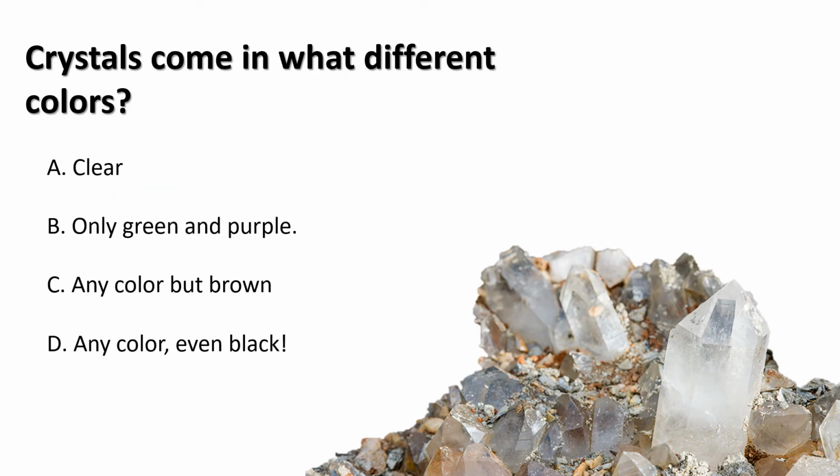Number 3, crystals come in what different colors? A, clear. B, only green and purple. C, any color but brown. Or D, any color at all, even black.